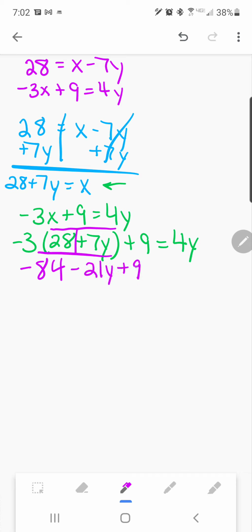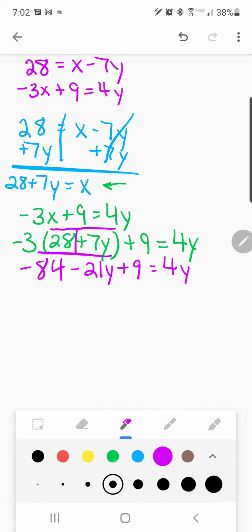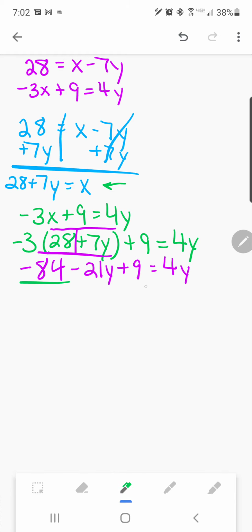Then we bring down the plus 9, and we still have that equal to 4y. If we combine like terms, we have negative 84 plus 9, which gives us negative 75 minus 21y equals 4y.